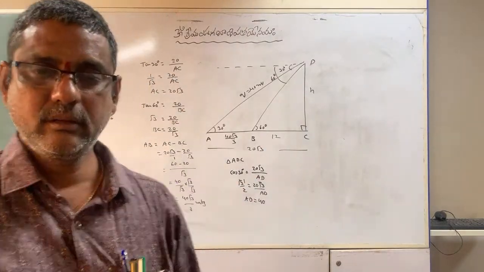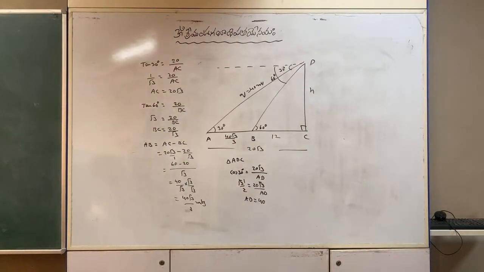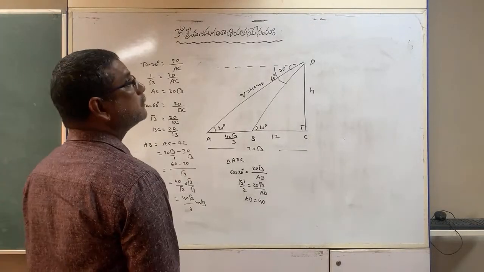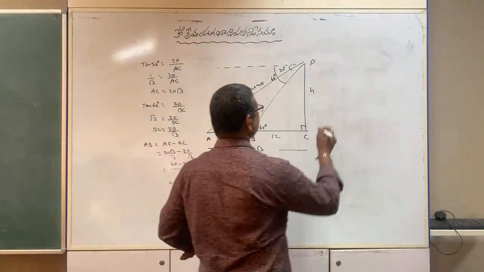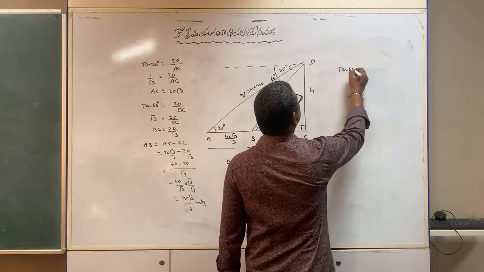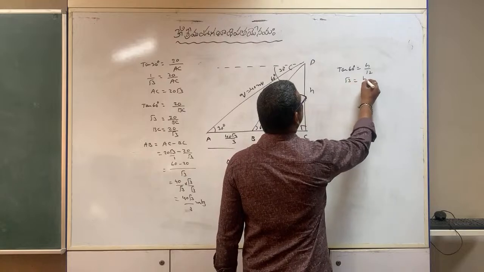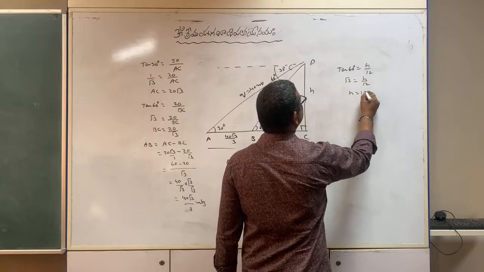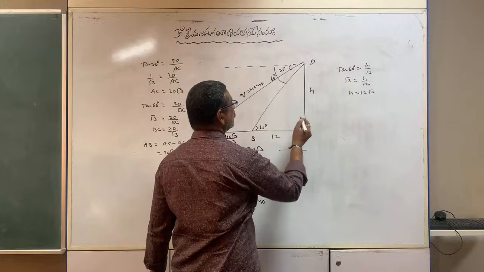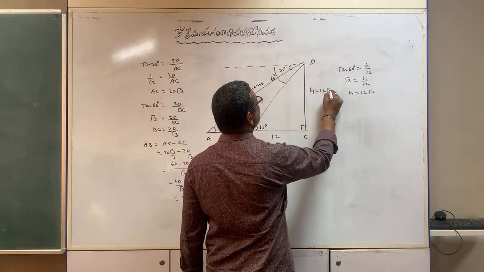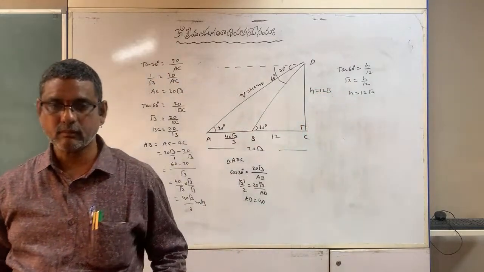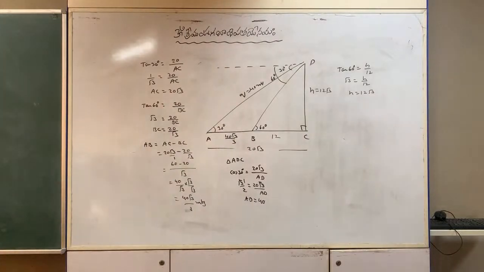Tan 60 is equal to root 3, so tan 60 is equal to h by 12. Root 3 is equal to h by 12. H is equal to 12 root 3 meters.